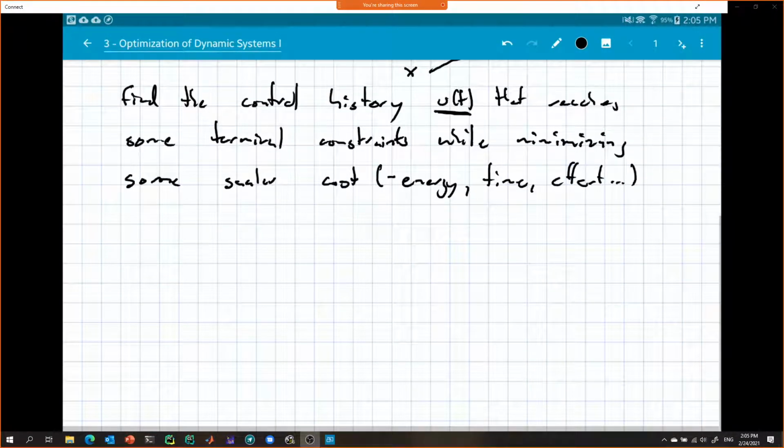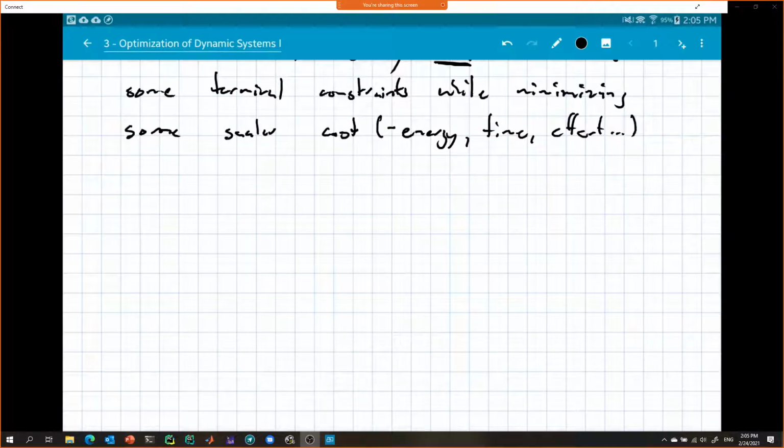So we have two options. Let me write that: controls are continuous.